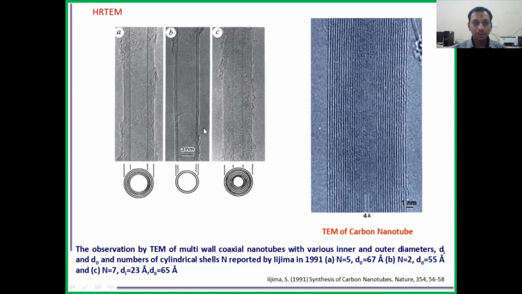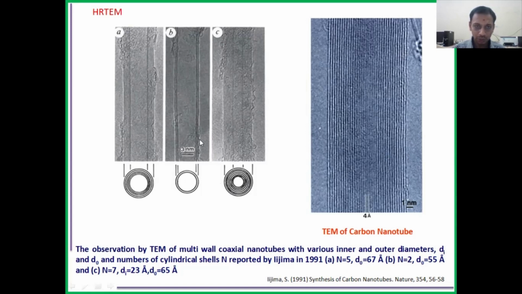So how do you observe under the microscope? For enhancing knowledge, I am showing you here the cross section of those nanotubes. You can see here the scale is also there, 3 nanometer, but these are the walls in the cross section, but the real walls are here. So you can see here A, B and C. When you talk about A, N is equal to 5, number of walls 5.